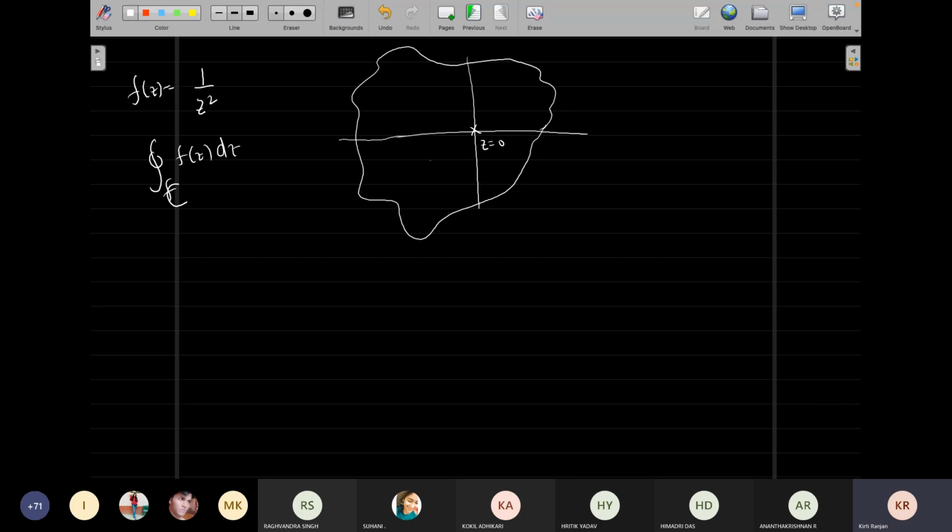Because you cannot write z equal to e raised to power i theta or r e^(i theta). It's no longer a unit circle I asked for. Now I am asking for a contour C, let's say traversed positively, but it's an arbitrary contour. So what will you do to solve this?